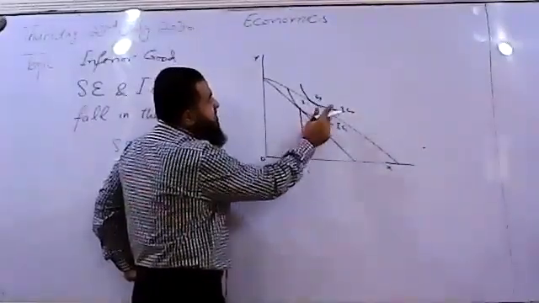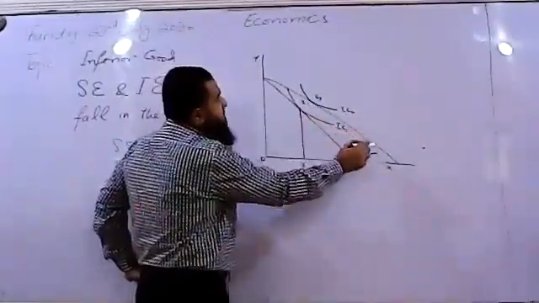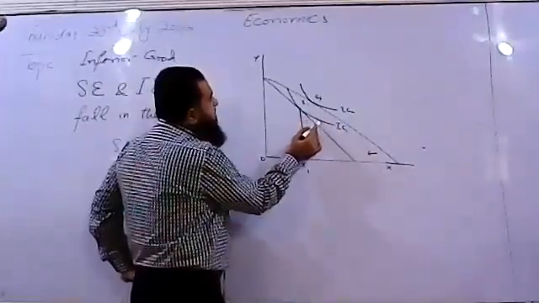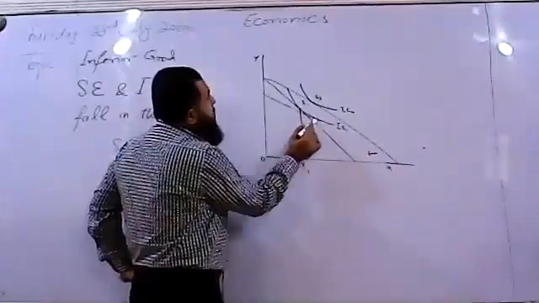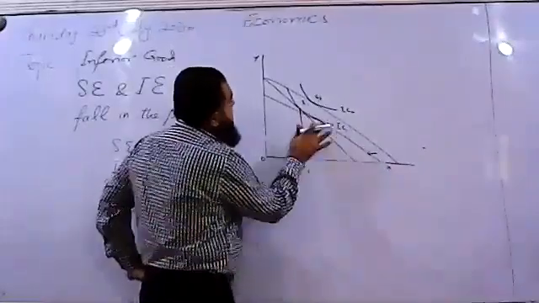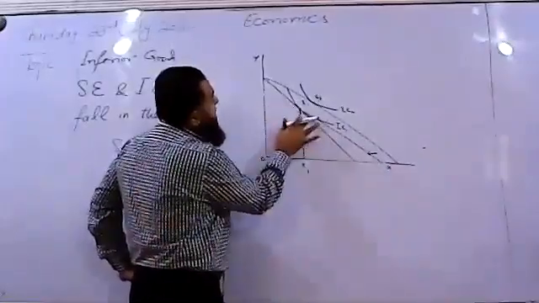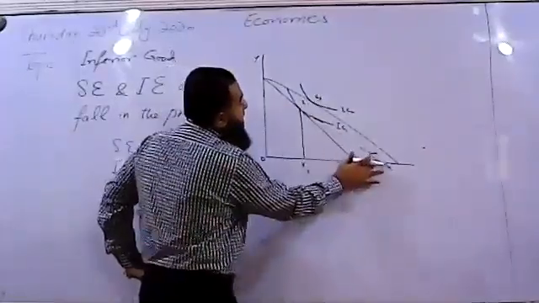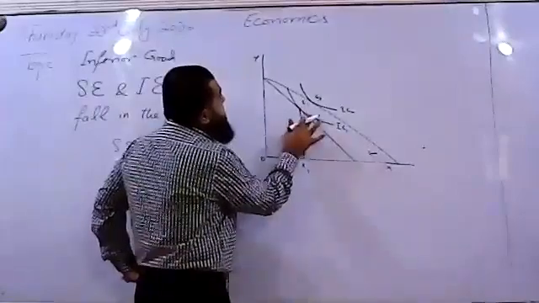But what is the substitution effect? We shift this budget line downward to make a tangency with the previous indifference curve. Sorry, this should not be a non-parallel line. We should have a parallel downward shift, because the price remains the same.